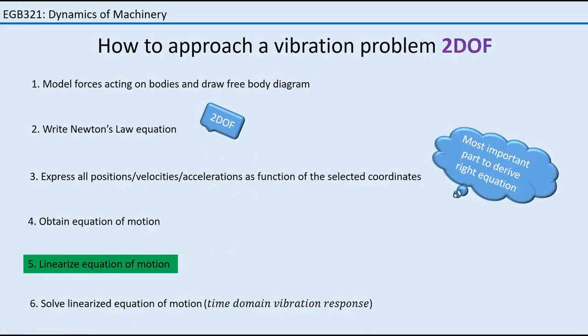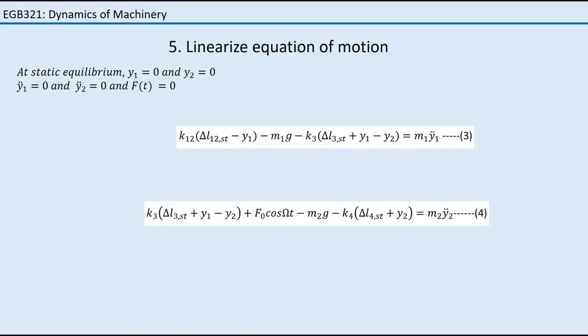Okay, so our next step is to linearize the equation of motion. Since the equations are already linear, we need to consider the static equilibrium condition where y1 and y2 are 0, which has been mentioned in the problem, and also Ft equals 0, which is also mentioned in the problem. And since the displacements are 0, their accelerations will also be 0.